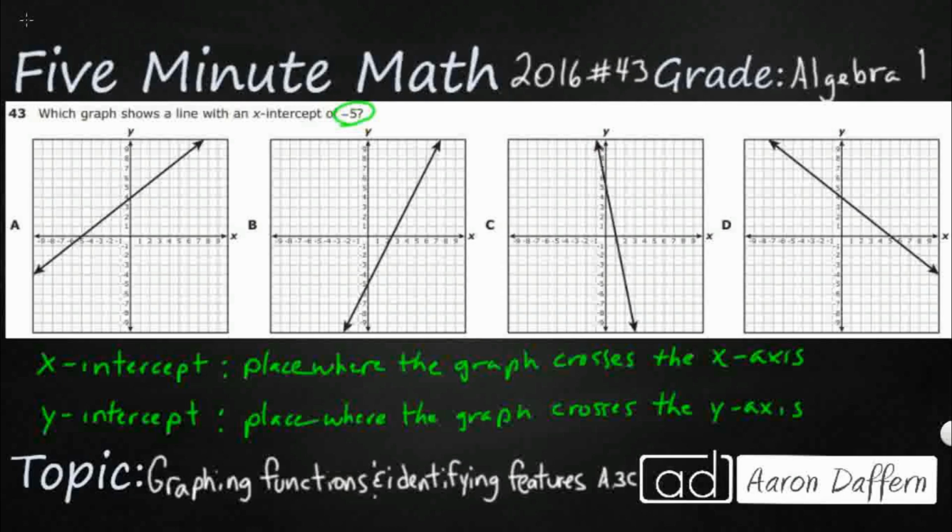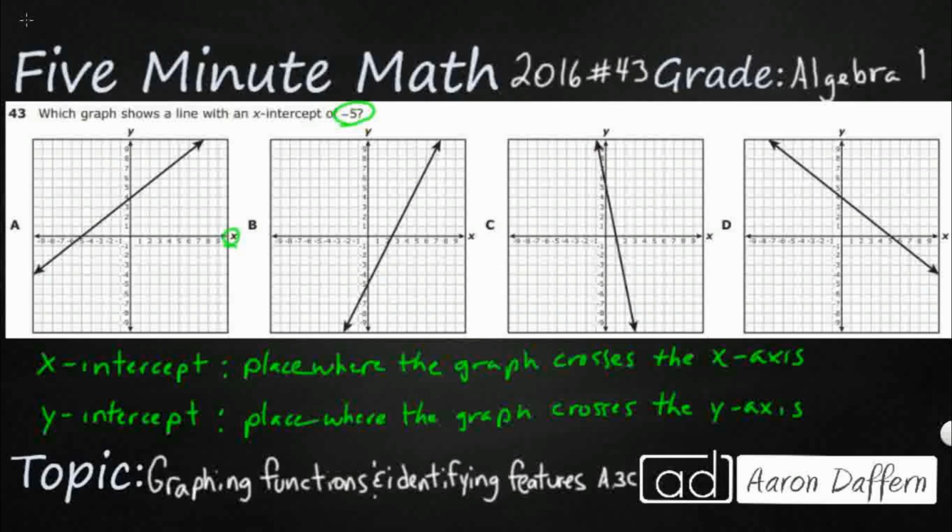So we've got 4 different graphs here, A, B, C, or D. Let's look at the x-intercept and the y-intercept of each, because we're going to see a -5 show up quite a few times, but we have to be able to identify which one's the x and which one's the y. On A, this is our x-axis, so that's the one we're looking at.